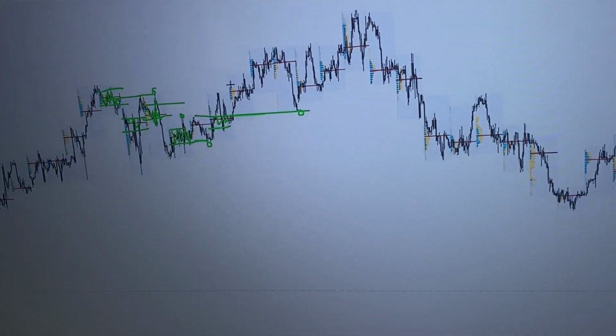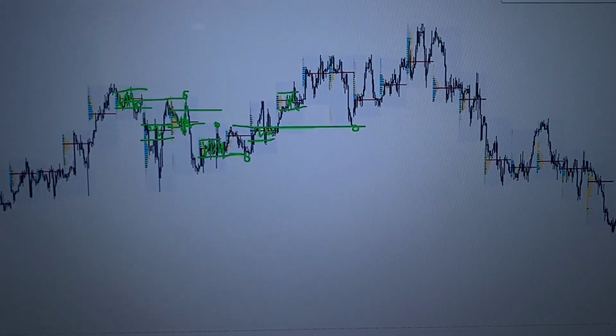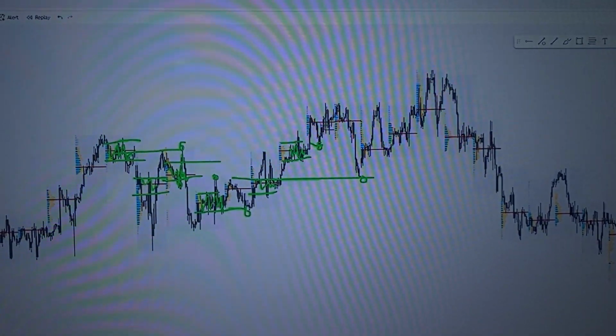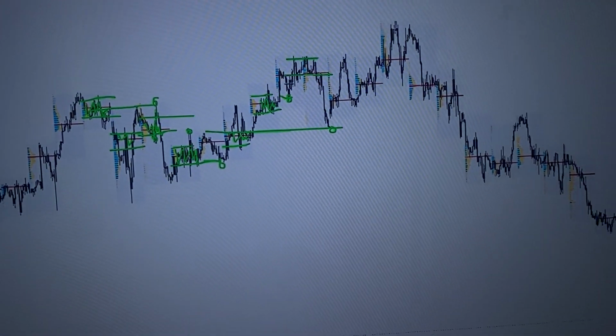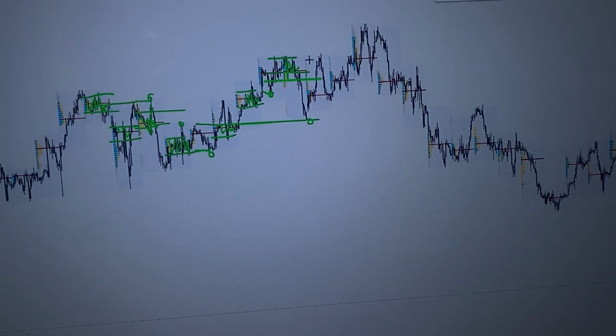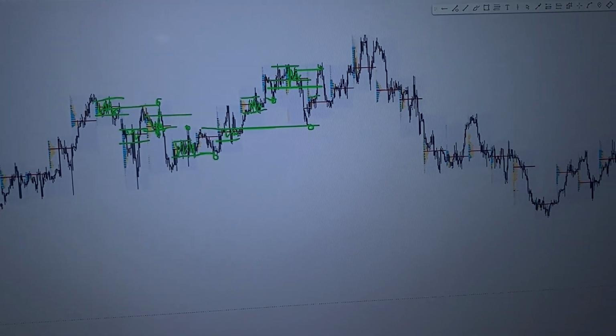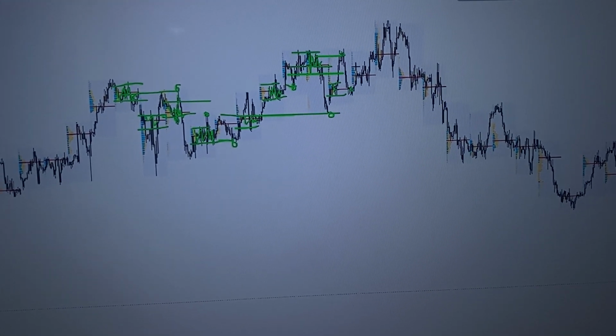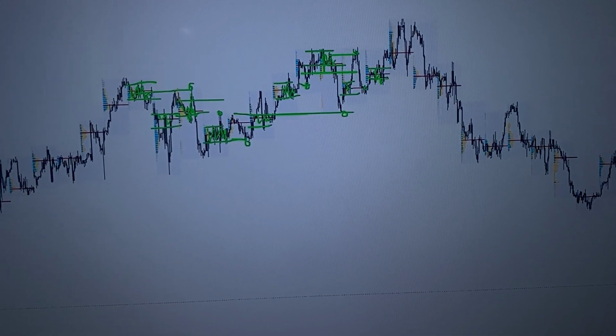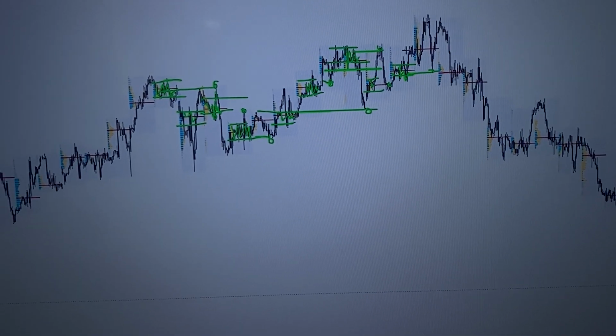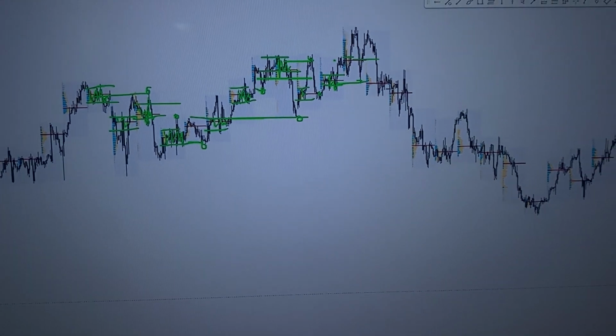Price came there and then rose. This level here? Price came there and dropped. This level here, rally. Price came there and rose. This one here, price came here, rose. Here, price went up. Here, price dropped. This one, rally. Price came here, rose. Here, price came and rallied.